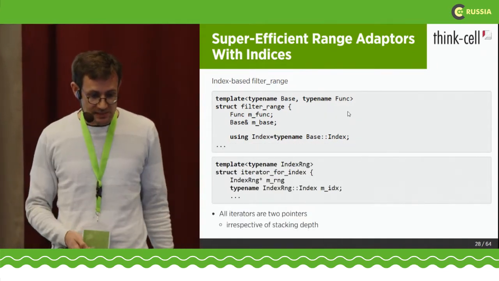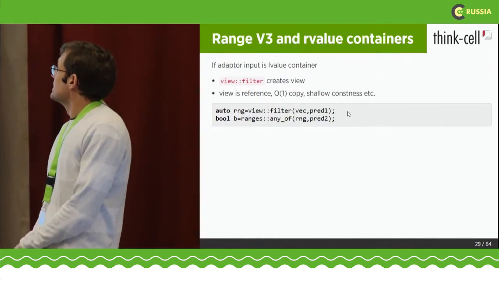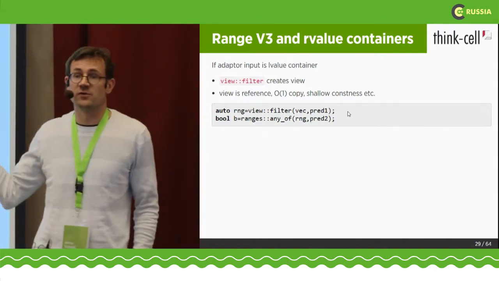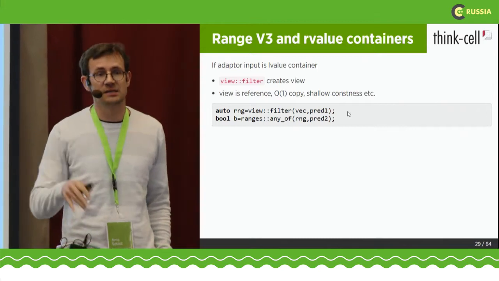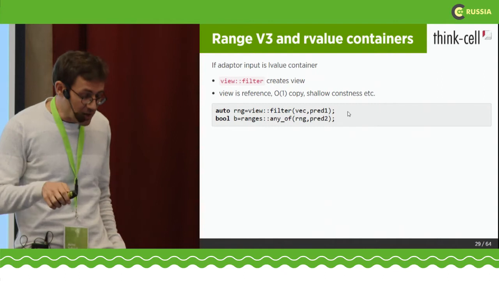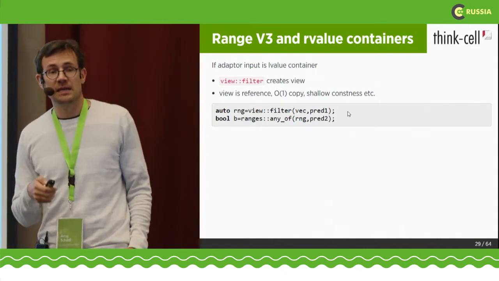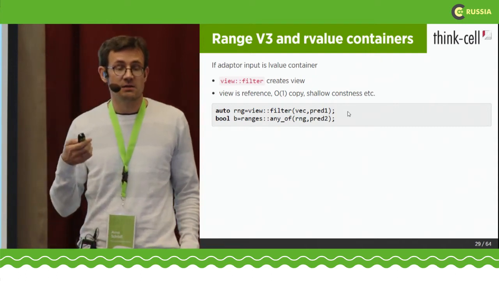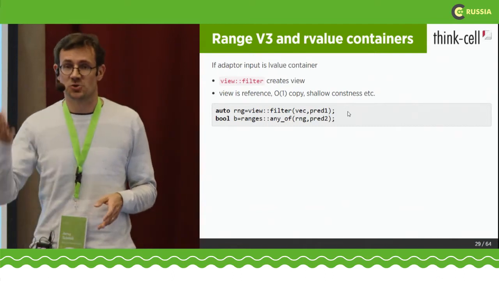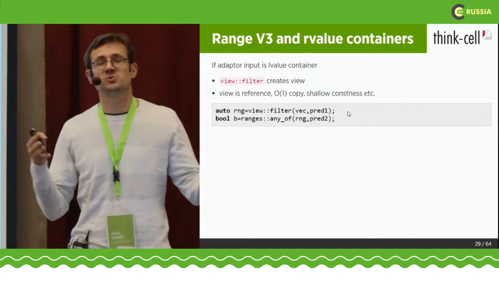Now, here's another difference from what we are doing versus range v3, which is likely to go into the standard. The standard makes a very strong distinction between views and containers. So containers are containing their elements, and views are just referencing elements.